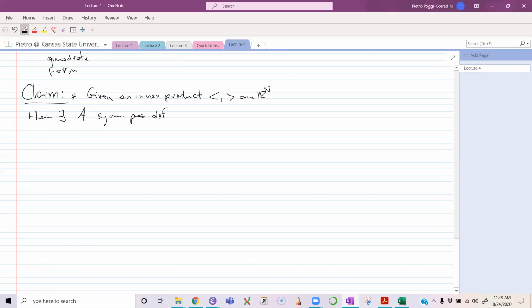I'm abbreviating here; some people use SPD. So that the inner product of two vectors is equal to y transpose A x.